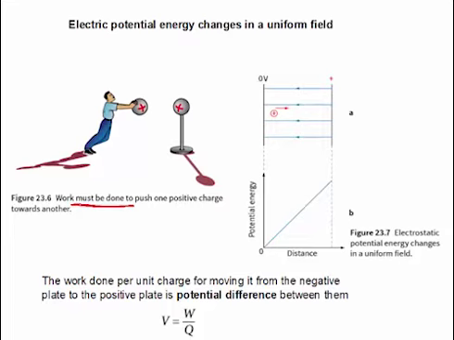So work must be done on this charge, because there is a repulsion force between them. To bring this charge towards the stationary positive charge, you have to do work on the charge.